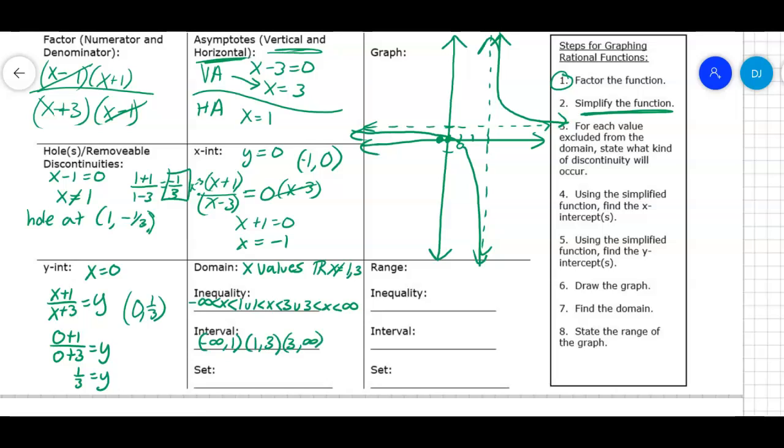And then set builder notation is going to start off with all the x values such that negative infinity. So everything you have here for the inequality notation is what's going to go inside the set builder notation. So less than x, less than 1, union 1, less than x, less than 3, union 3, less than x, less than positive infinity. Okay, close brackets.